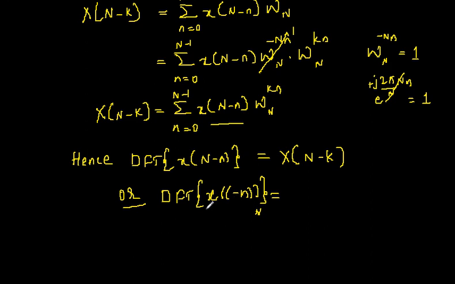Rather it is circular in nature. Is that okay? So x of minus n I don't have. It must be x of minus n with two parentheses. That is equal to x of minus k, and again this must also be with two parentheses. So this is the property called circular folding, also known as time reversal of a sequence.